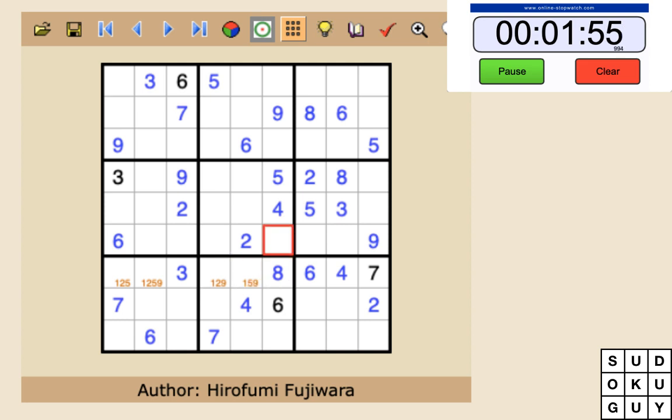No others. This column is missing 1, 2, 3, and 7. So, like this square could be 1, 2, 3, or 7, but not 2, because of that 2. This row is also only missing 4, 1, 4, 6, and 7.